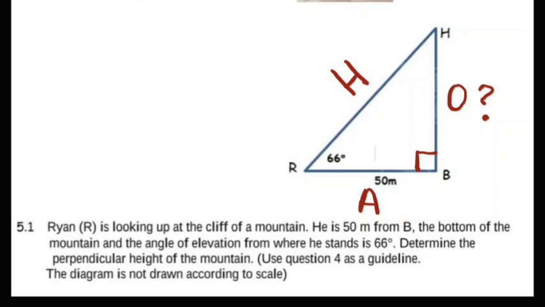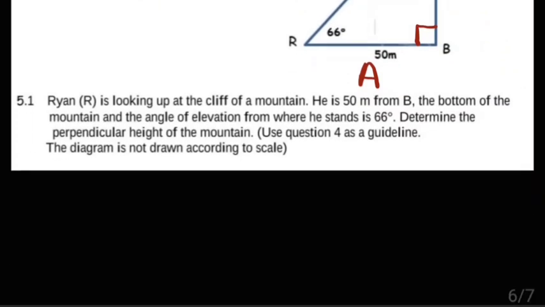But you need to use the formula that you have the most information for. In this case, what we have is the adjacent side. So we need the opposite side, but we have the adjacent side. So we need to use a trig ratio that has opposite and adjacent in it. That is going to be tan. Tan is opposite over adjacent.